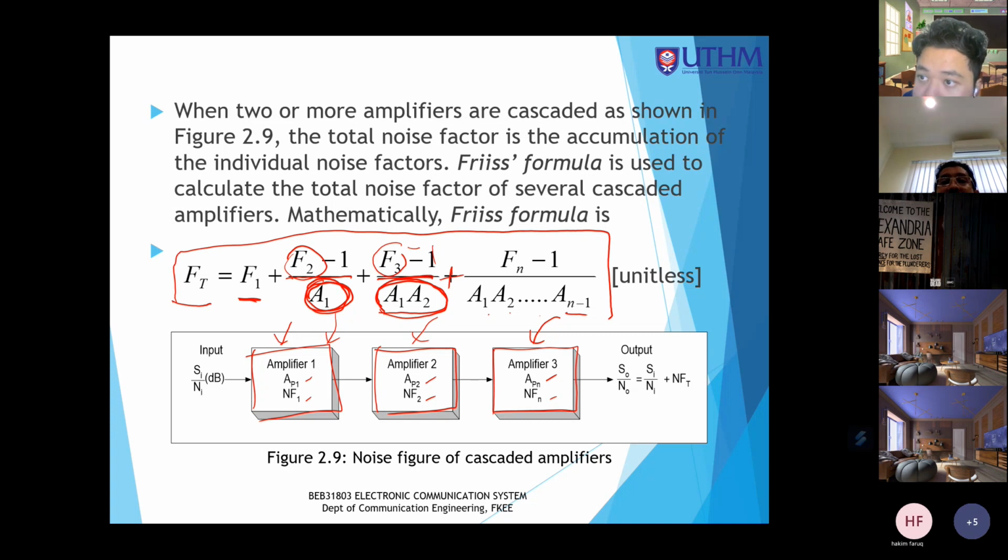So you need to anti-log the values of decibel. Okay, remember that. Ini kesilapan yang selalu berlaku setiap semester. Pelajar dia main sumbat je nilai desibel ke dalam equation ini. So jawapannya adalah salah. Okay, nanti kita akan tengok contoh.